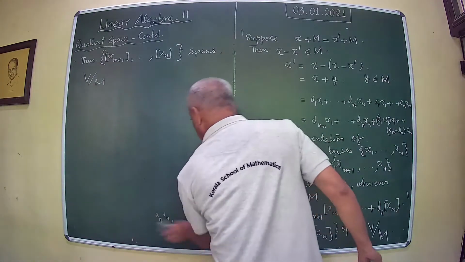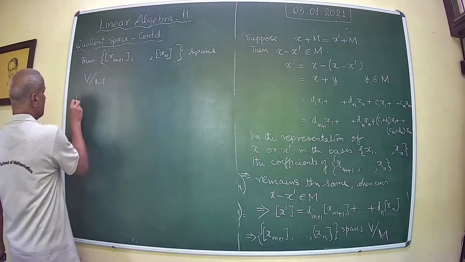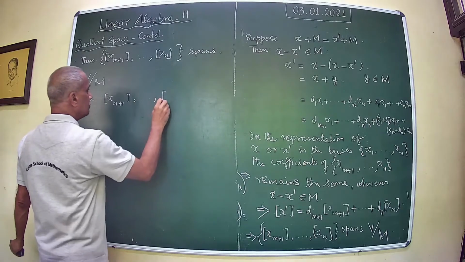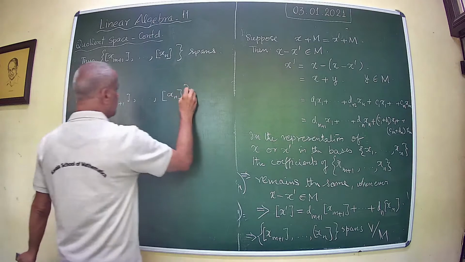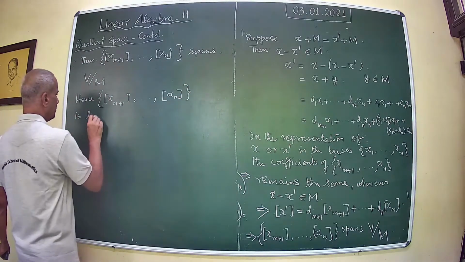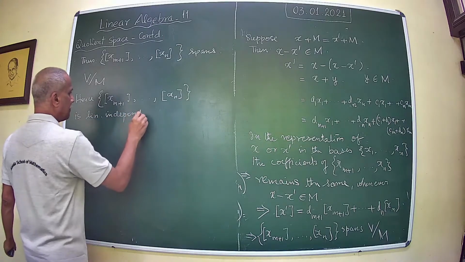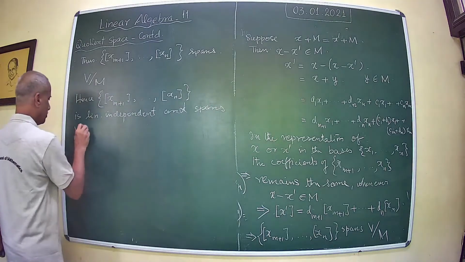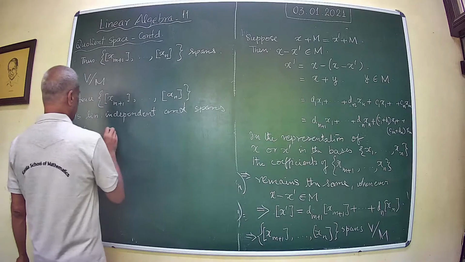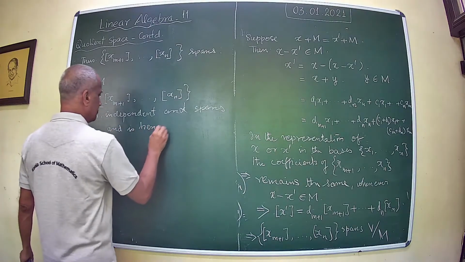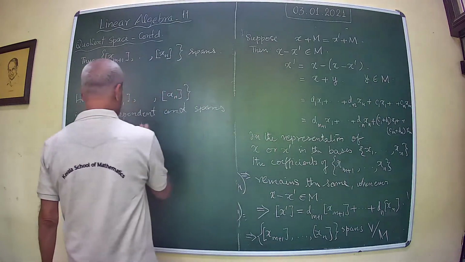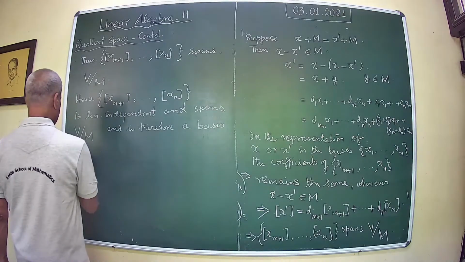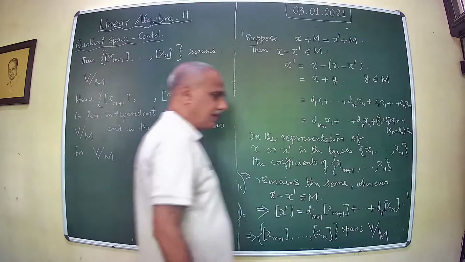So what have we proved? Together we have proved that this is linearly independent and spans V by M and is therefore a basis for V by M. So we have done more than what is required.